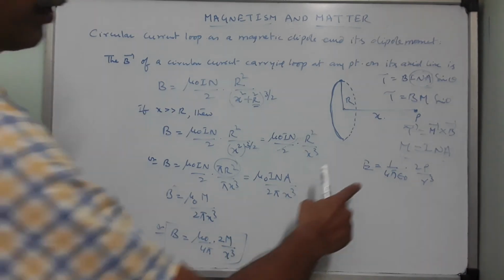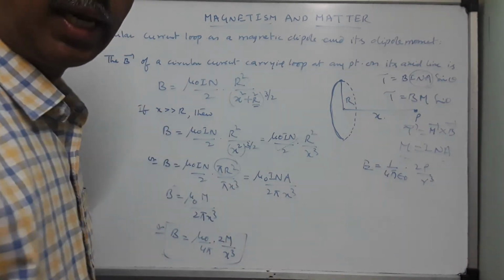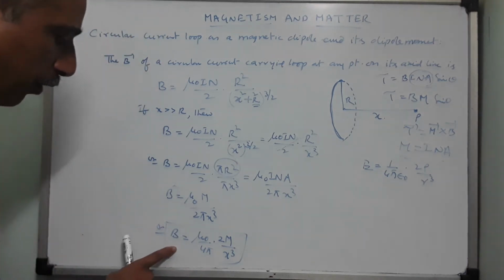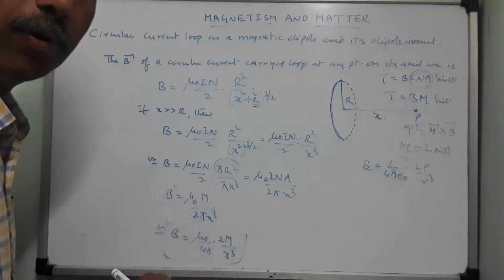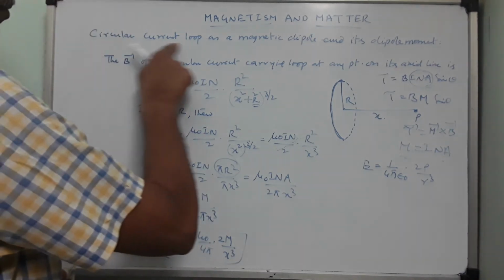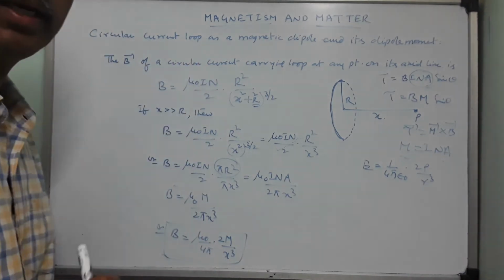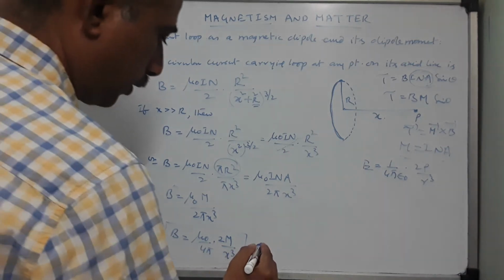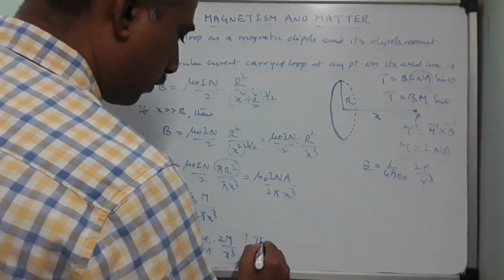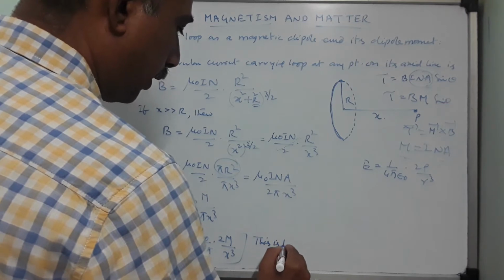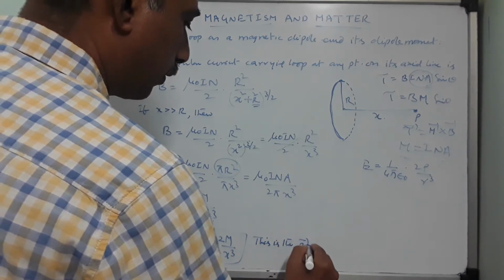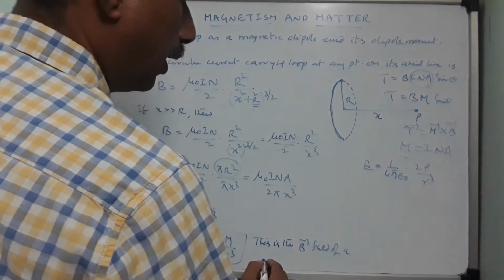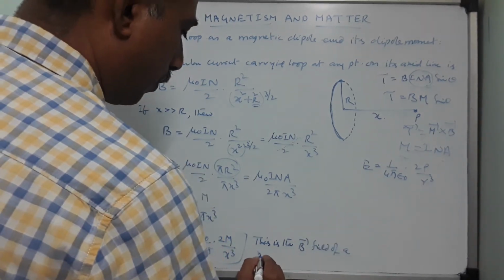This is the expression for the electric field of an electric dipole. This is the magnetic field of a magnetic dipole. Where is the dipole? This is the dipole, the circular current carrying loop.